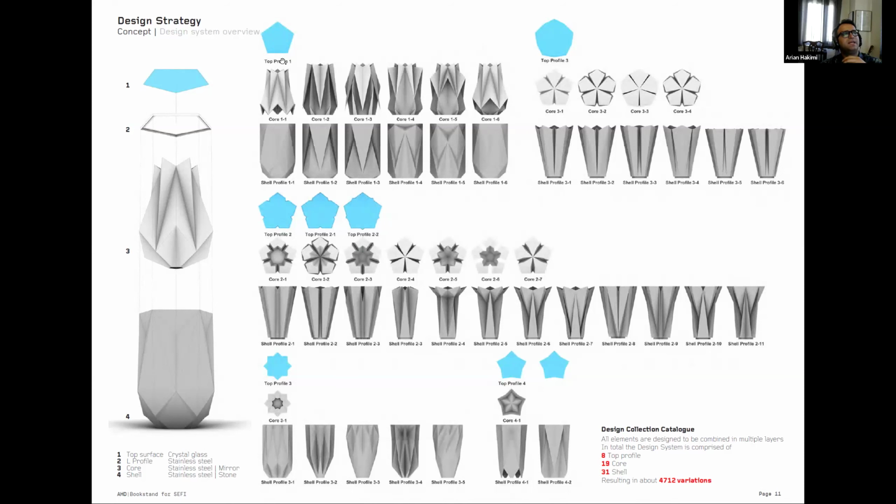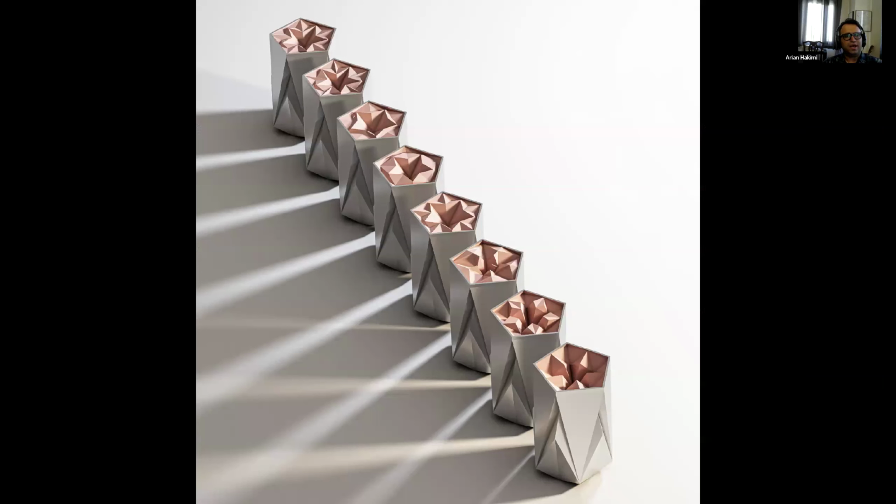For example, you can say, I want to choose profile 1, but I want to use core 105 with shell profile 103. Through this combination of alternatives, we created a design system with more than 4,700 variations.